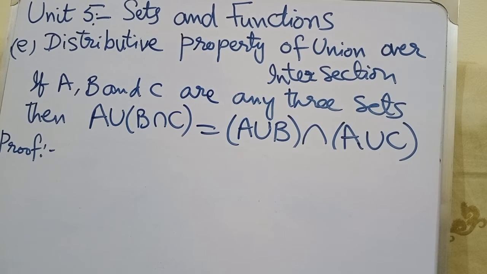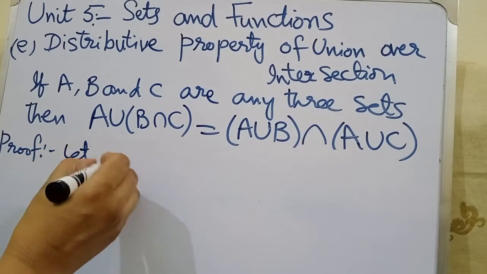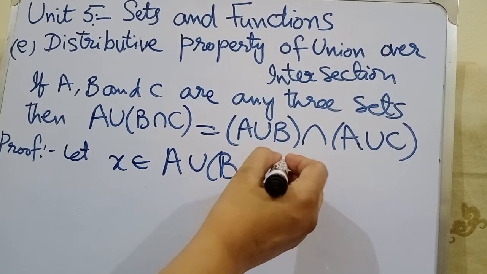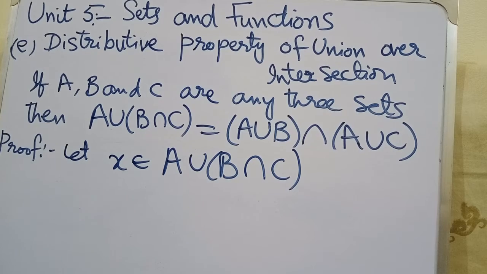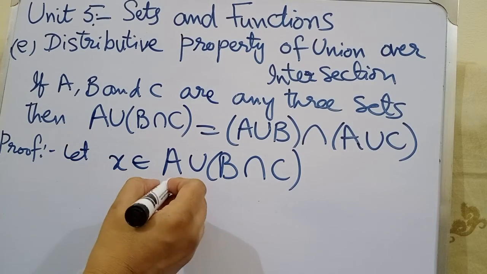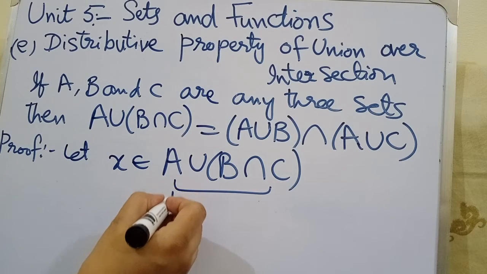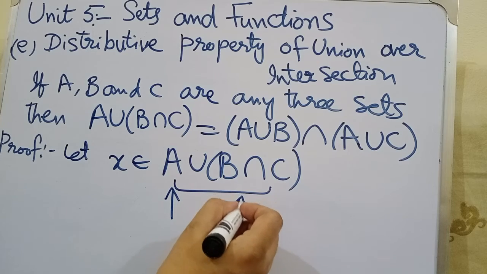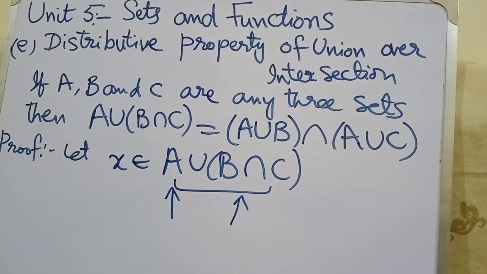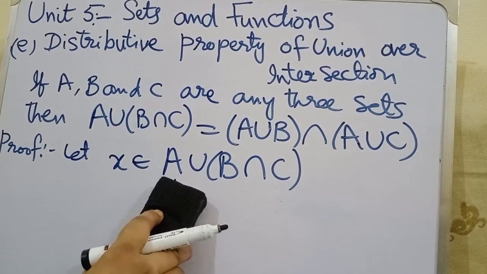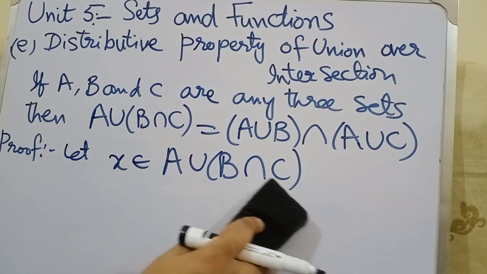Let us take arbitrary element x. Let x belong to A union (B intersection C). It means x is an element of this set, so x is an element of set A or set B intersection C. Since x belongs to the union of these two sets, it must be an element of one of these.